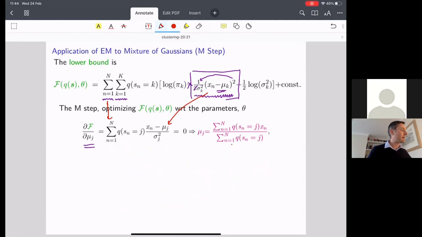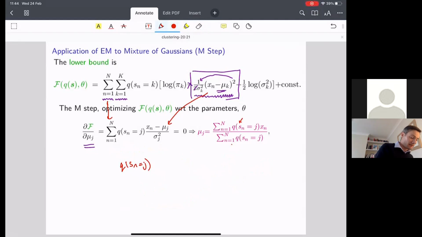I want to think about a case where the cluster assignments in here, so the Q_n = j's, are really confident assignments.